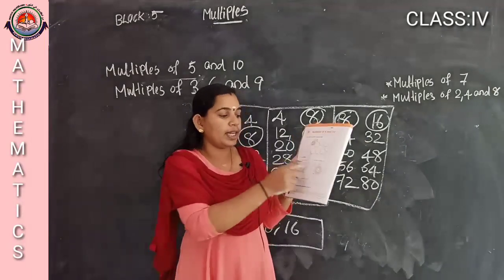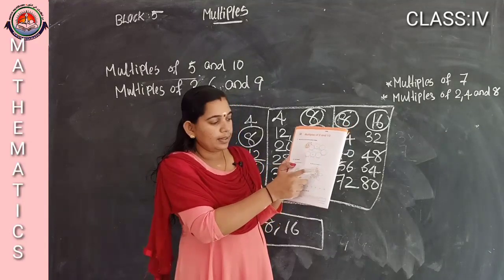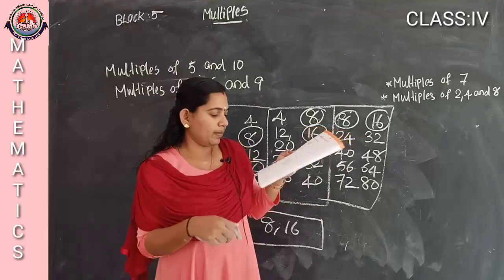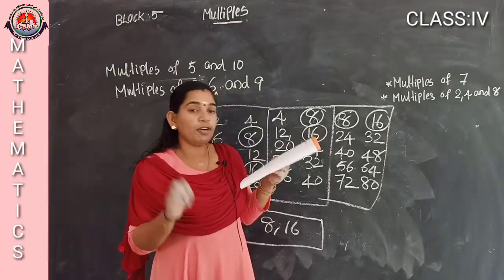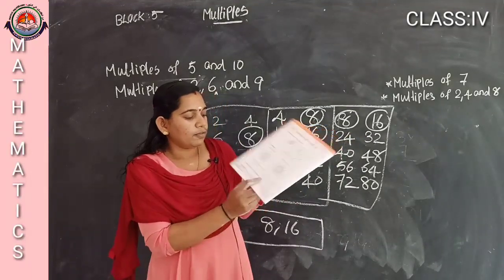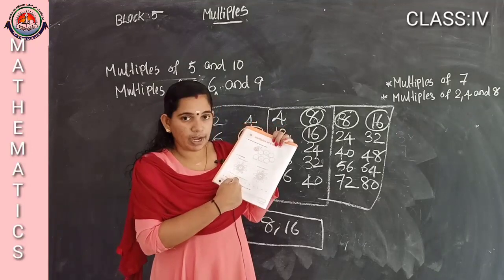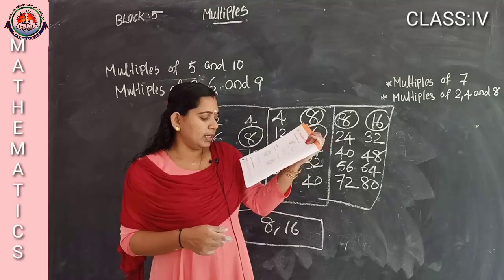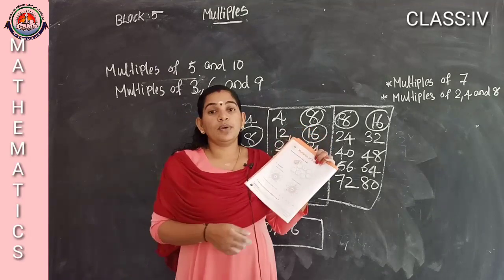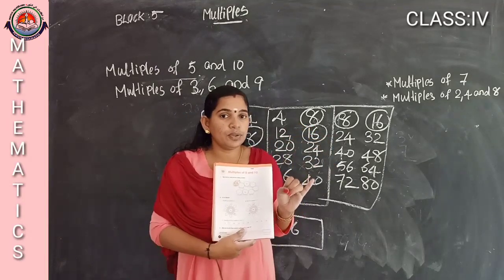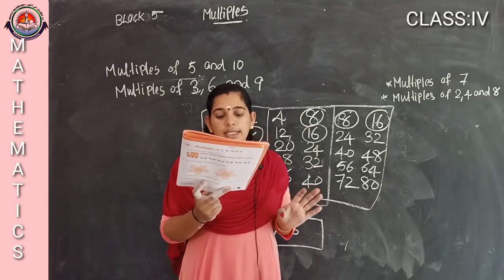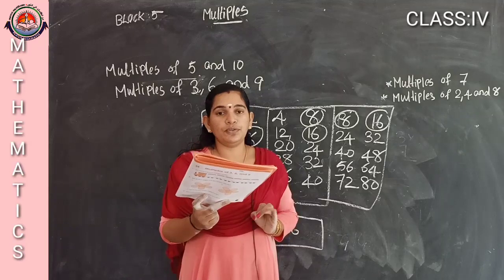Write the multiples of 10. 1 into 10, 10. Write the multiples here. Shade the common multiples of 5 and 10 in the white places. You shade them. What are the first 3 common multiples of 2, 5, 10? You write down the multiples of 2, then 5, then 10, and find the first 3 common multiples of 2, 5, 10.